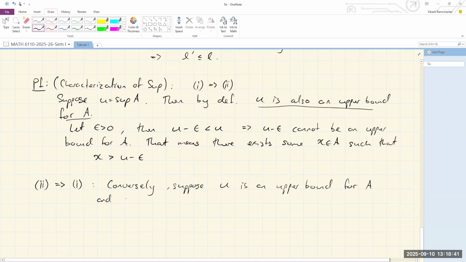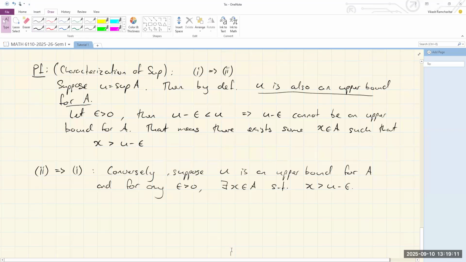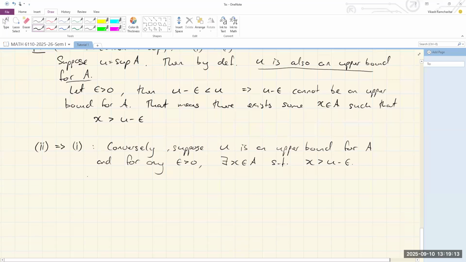So I'm assuming that U is an upper bound for A, and for any epsilon bigger than 0, there exists an element in A that is bigger than U minus epsilon. What do I want to prove? I want to prove that U is the supremum. I'll do a proof by contradiction. I'm going to assume that U is not the supremum.